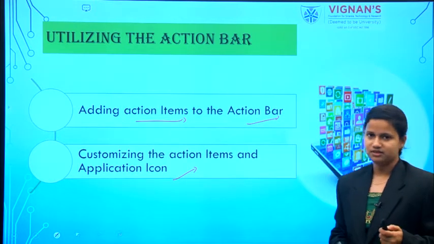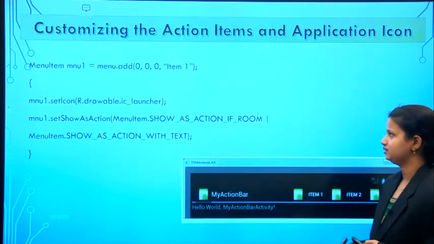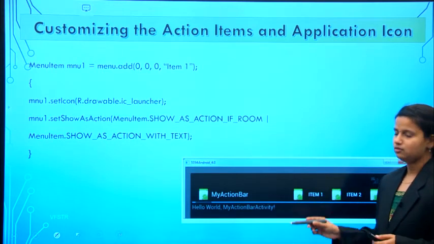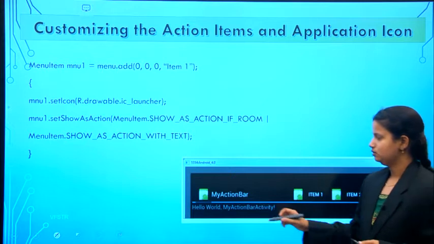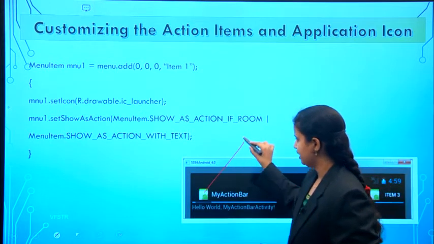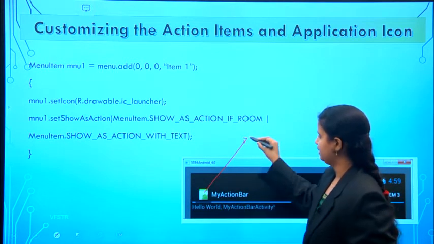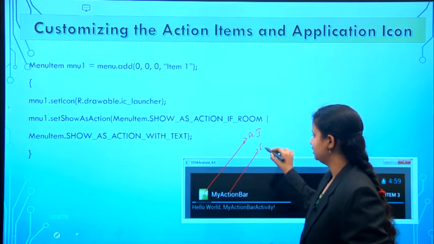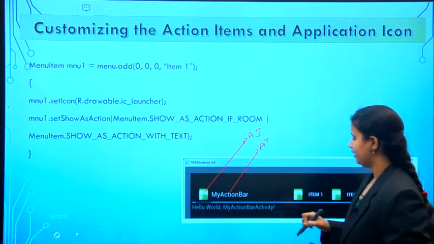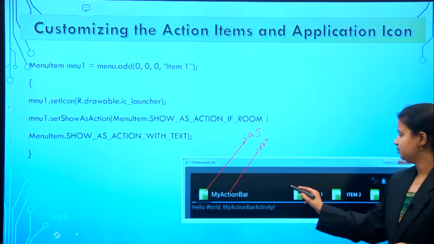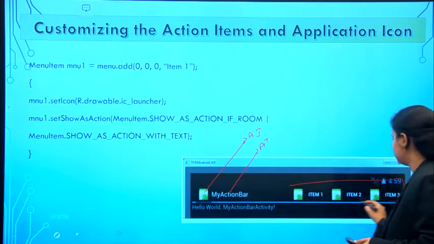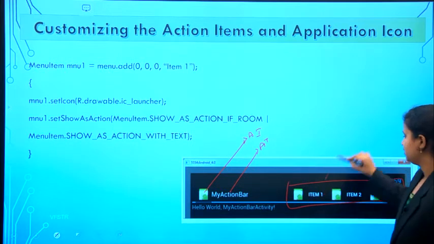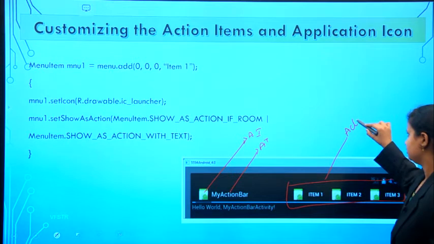So how do we customize the action items? Look at this window. First, this is one activity. In that activity the activity icon and activity title appear, and along with that, on the right side, the contents that appear are called action items.